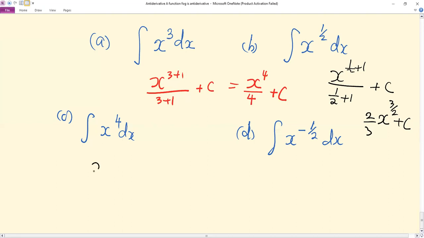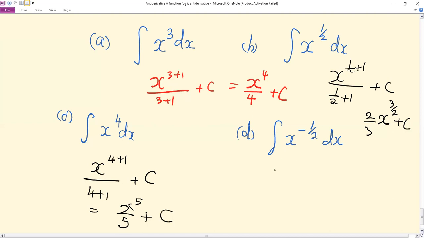Then this one will have x raised to the power 4 plus 1 divided by 4 plus 1, plus the constant of integration c, which is x to the power 5 divided by 5, plus c.